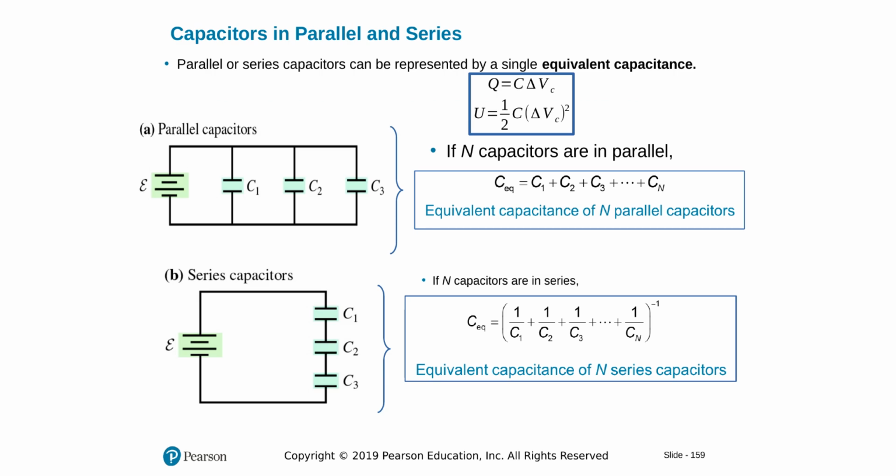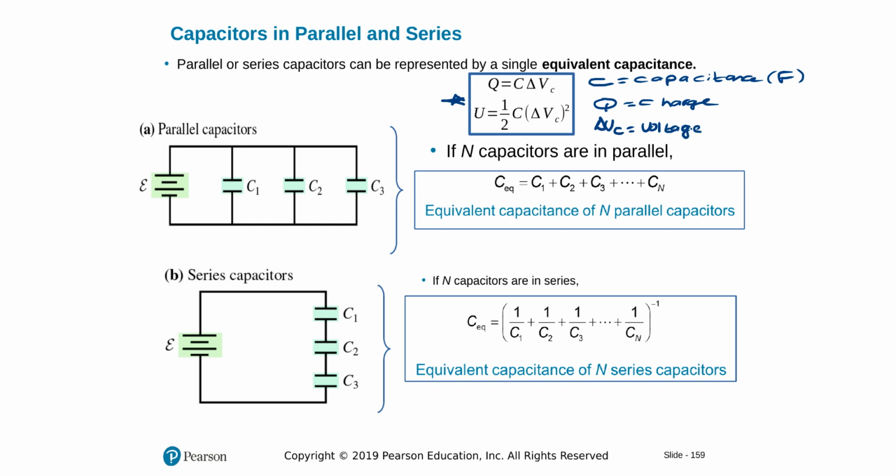Overall, what we know before will work here. Q is equal to C delta VC. Again, C here is capacitance. Farad is the unit. Q is the charge. And delta VC is the voltage across the plates of the capacitor, the total voltage across.